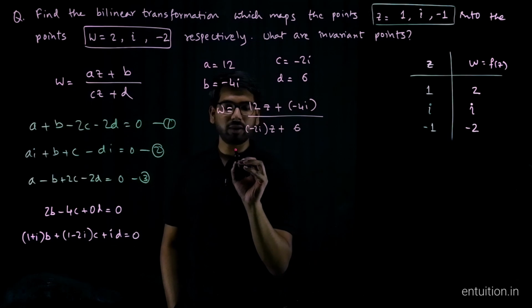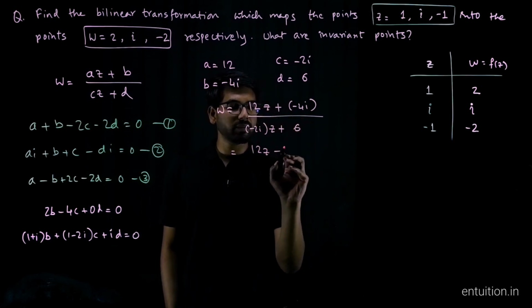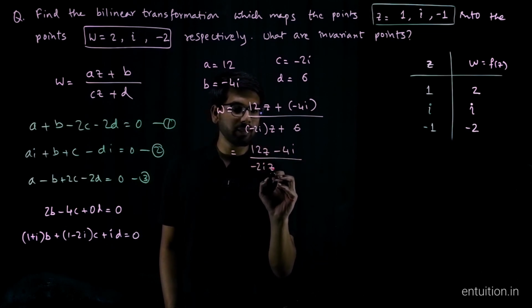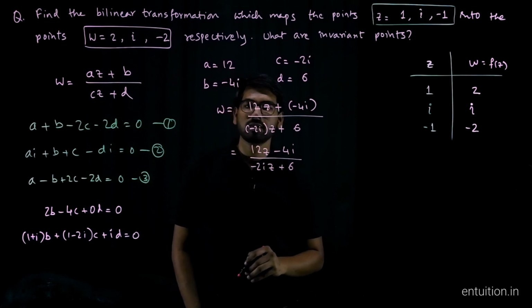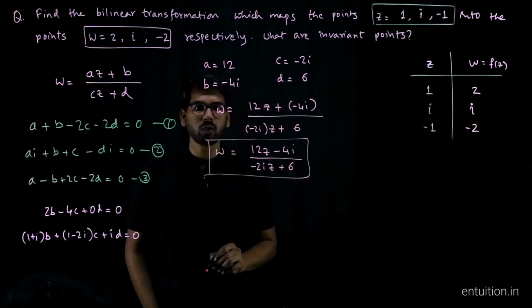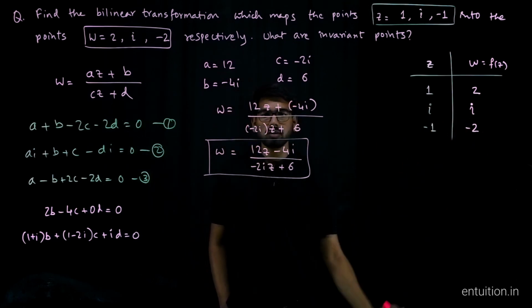Okay, so if you multiply, what will you get? 12Z plus into minus 4I over minus 2IZ plus 6. Okay, so this is the W. This is the complex function that transforms 1 to 2, I to I, minus 1 to minus 2.